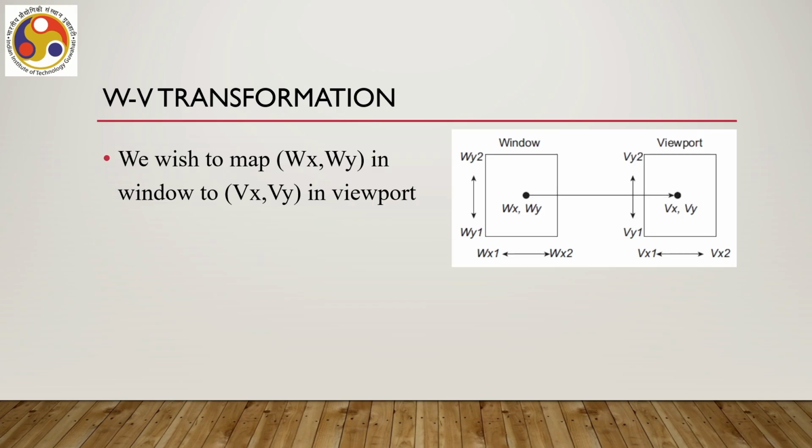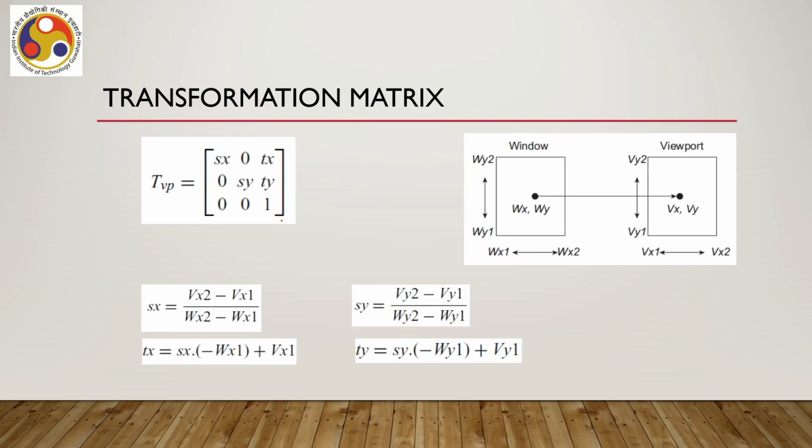In other words, given a point on the window, we need to transform it to a point on the viewport. So, a point if represented in the form Wx, Wy on window, we want to map it to a point Vx, Vy in the viewport.